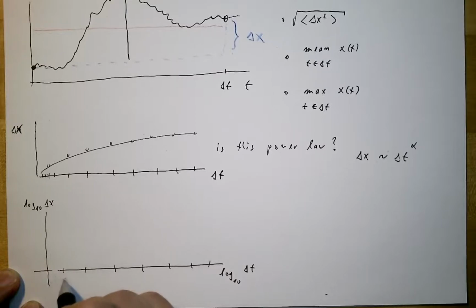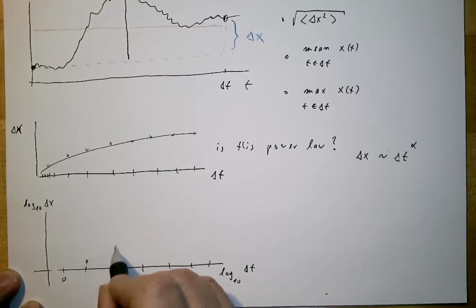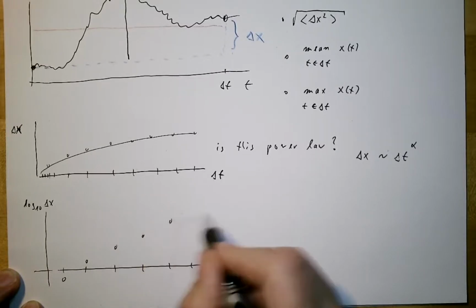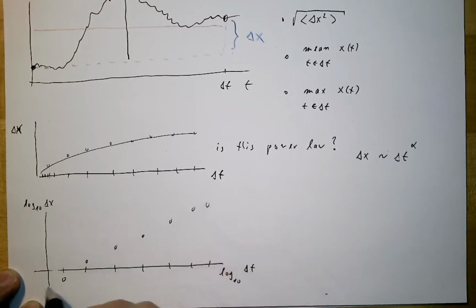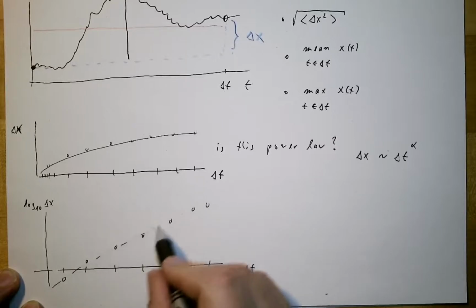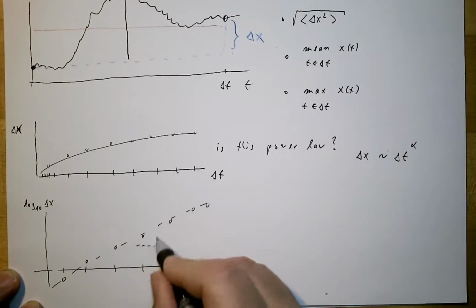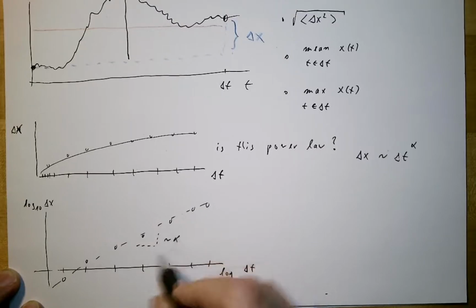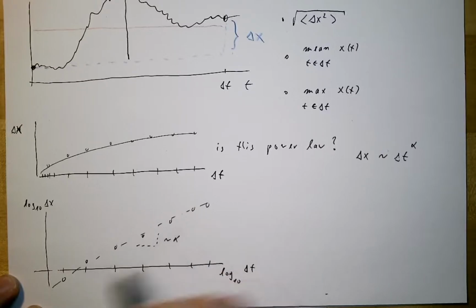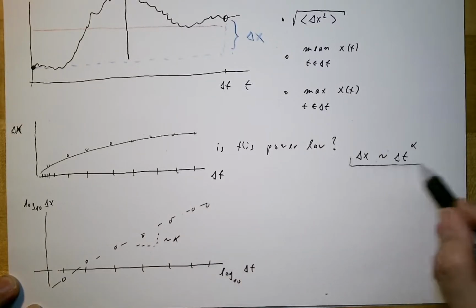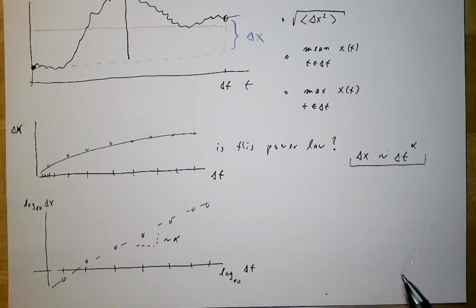And now I plot for each of these values my log of delta x, and then I hope that I find a straight line. Then I can make a straight line fit. We look for the slope, and with this slope we can estimate if this is a certain alpha, so whether we have a power law.